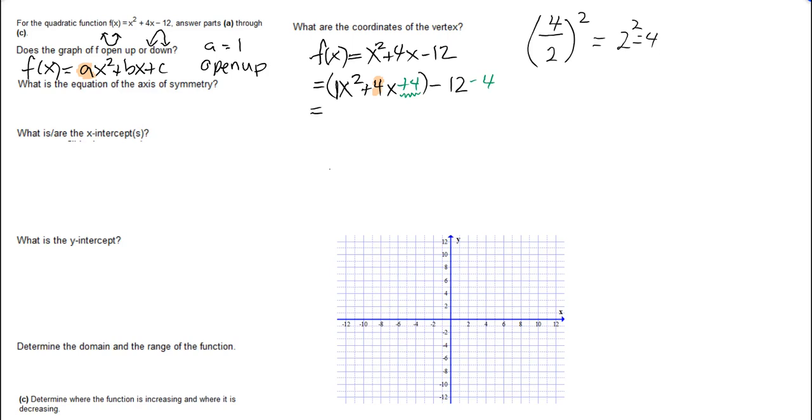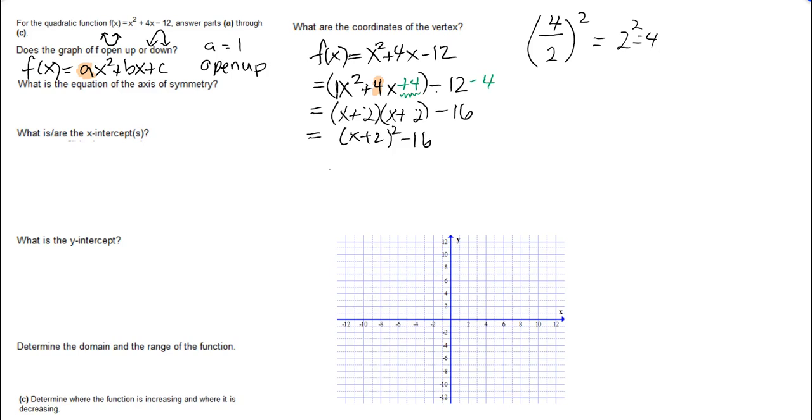So now inside the parentheses, we have a quadratic expression that will factor to x and x, 2 and 2, a plus and a plus. We can combine those terms of minus 12 and minus 4 to become minus 16, and then we have x plus 2 squared minus 16.